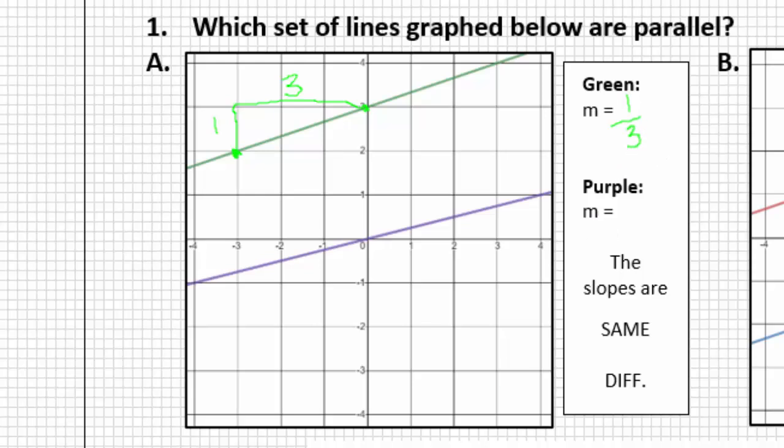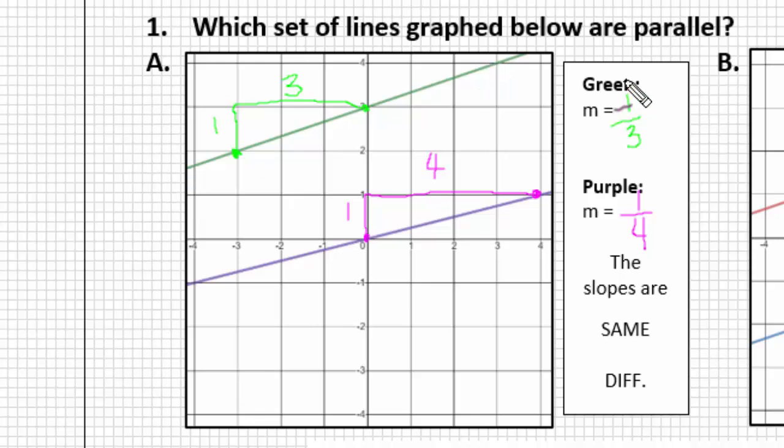And then we'll want to do the same thing with the purple line. So maybe pause the video here and see if you can find that one. Okay, so I picked the point 0, 0 and 4, 1. I found the slope of this purple line to be 1/4 because it goes up 1 over 4. So both lines have a positive slope.